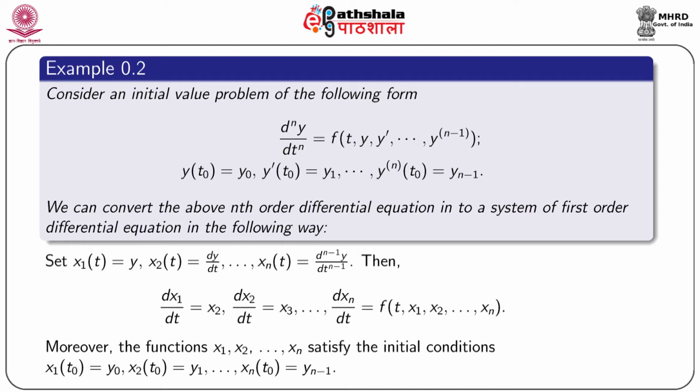You just substitute x1(t) equal to y, x2(t) equal to dy/dt, ..., xn(t) equal to the (n minus 1)th derivative of y, that is d^(n-1)y/dt^(n-1), and then we will get dx1/dt equal to x2, dx2/dt equal to x3, like that, dxn/dt equal to f, some function of t, x1, x2, ..., xn.